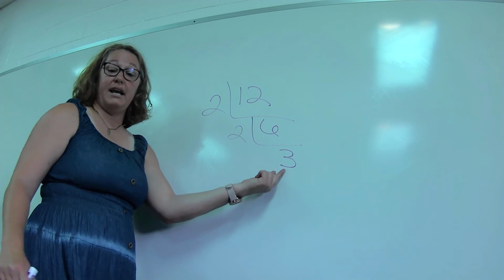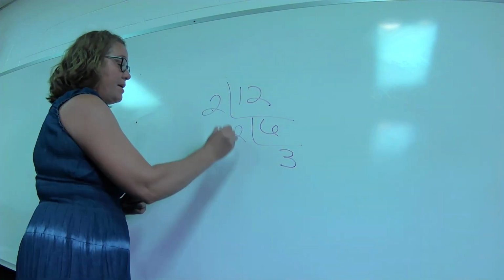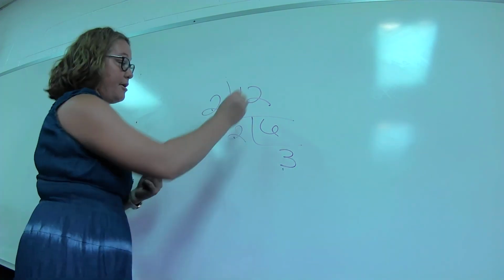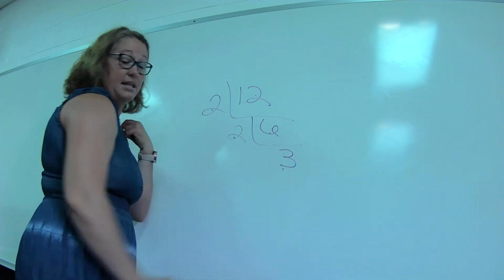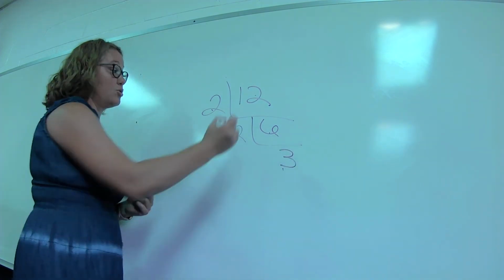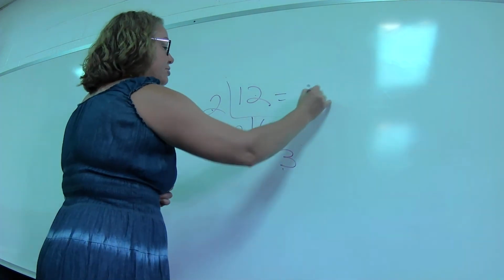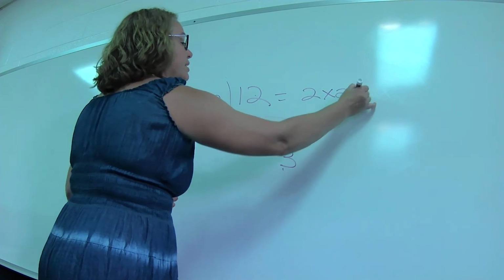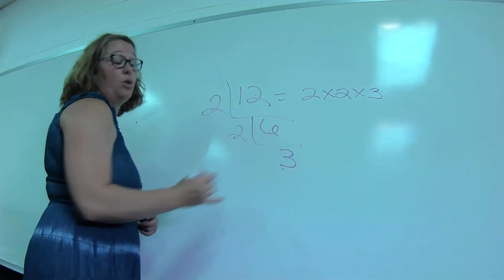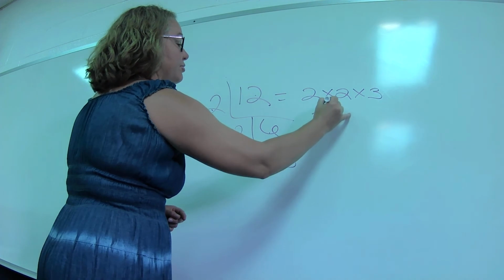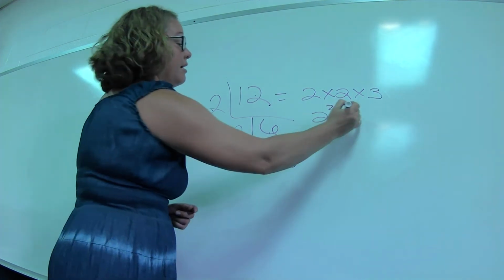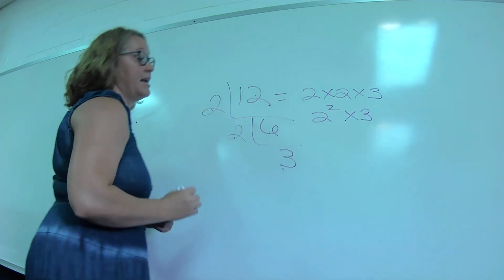Now 3 is prime. All my numbers over here are prime. All my numbers in my boxes are composite. So 12 equals 2 times 2 times 3. Or I could say 2 to the second power times 3.